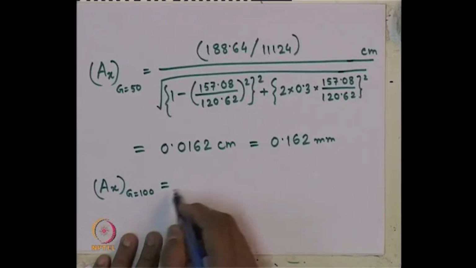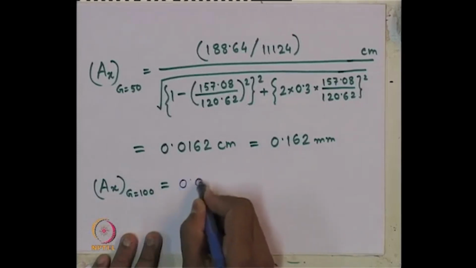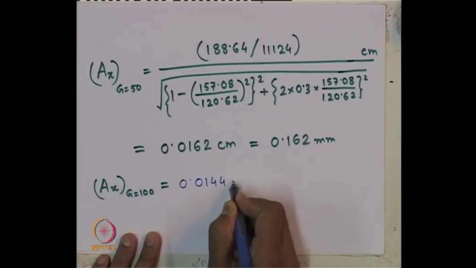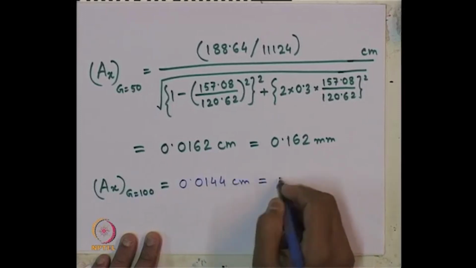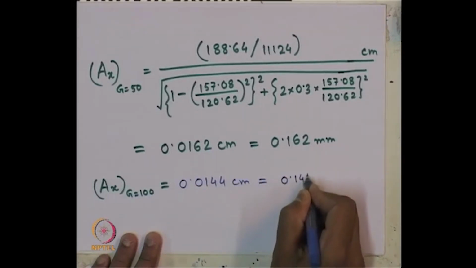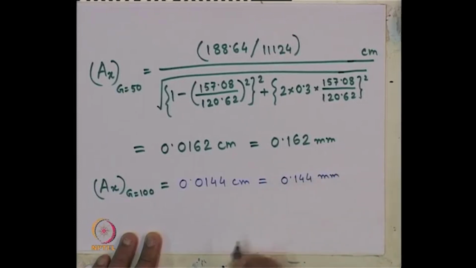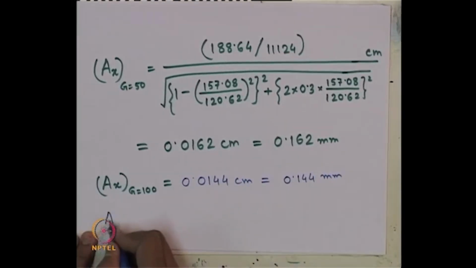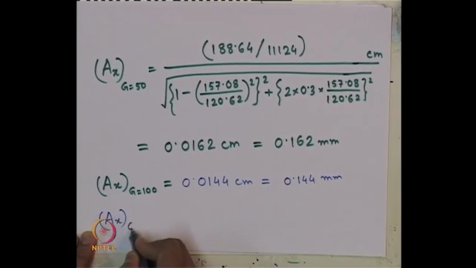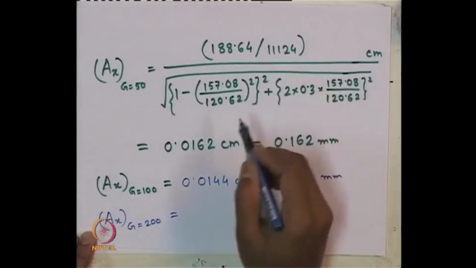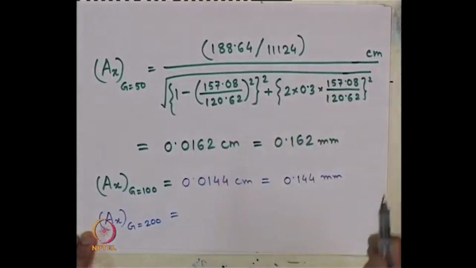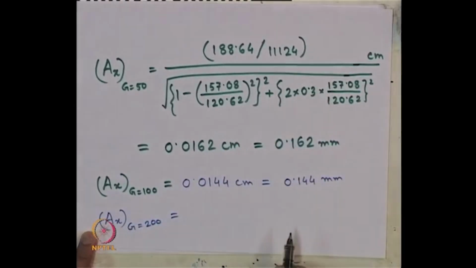So, how much is it coming? 0.0144 centimeter, which is 0.144 millimeter, and A x for the third type of soil, g equals to 200, this k x will change, omega n will change, eta x will change.